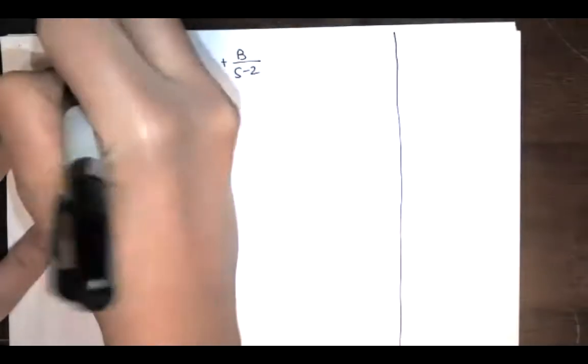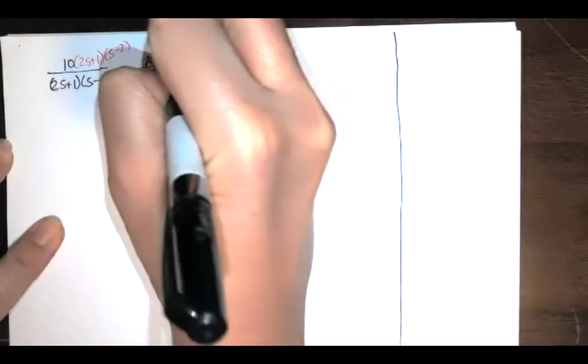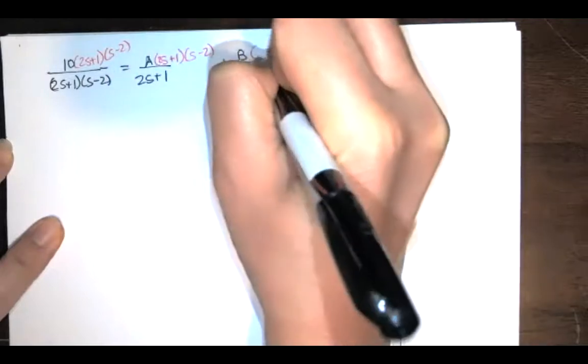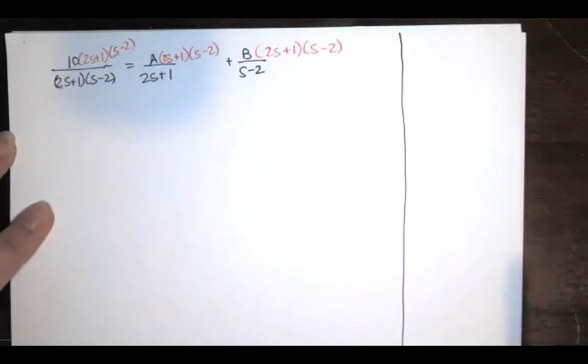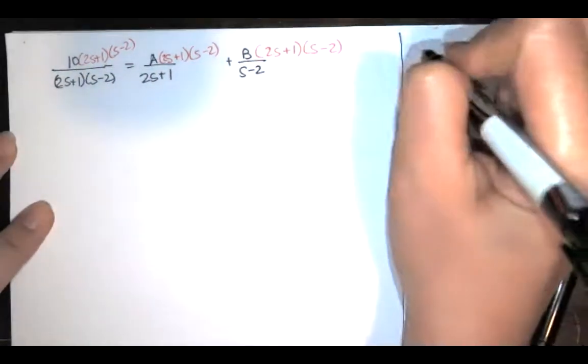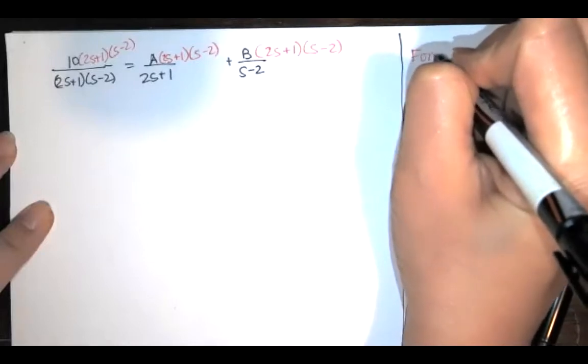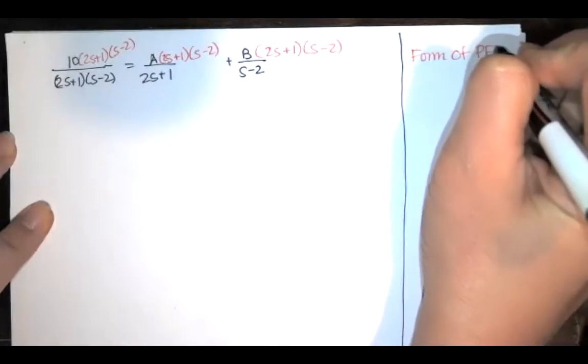Okay, so for the second one, we've got 10 over 2s plus 1 times s minus 2. That's equal to a over 2s plus 1 plus b over s minus 2. And we'll multiply by the LCD, which is 2s plus 1 times s minus 2. So we state the form of the partial fraction decomposition.